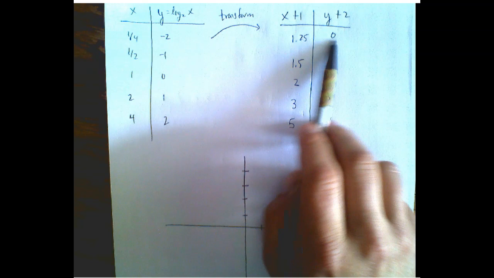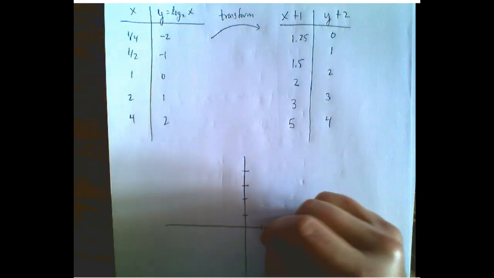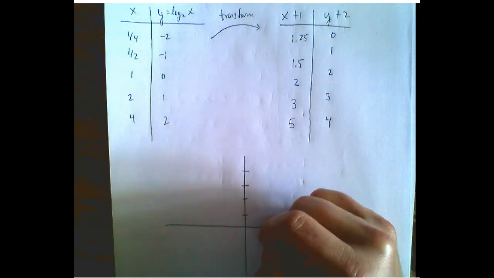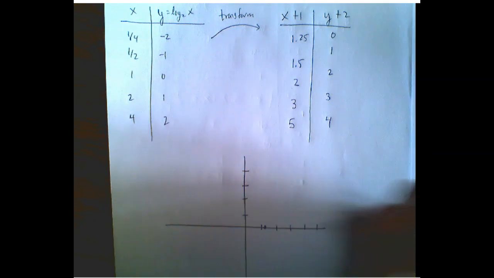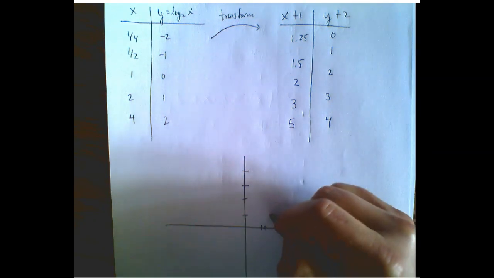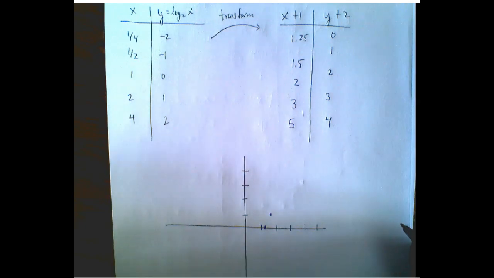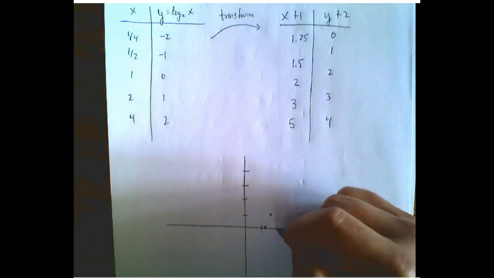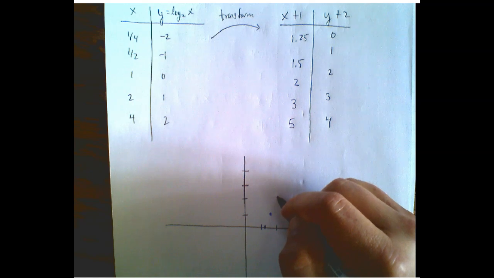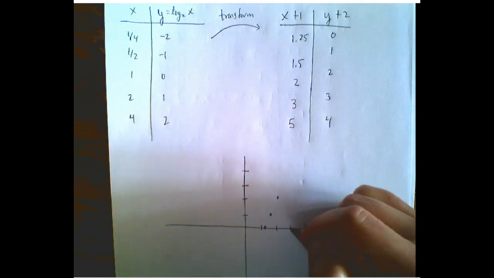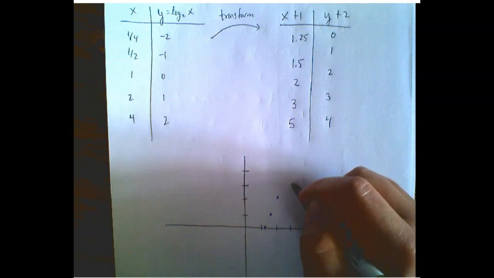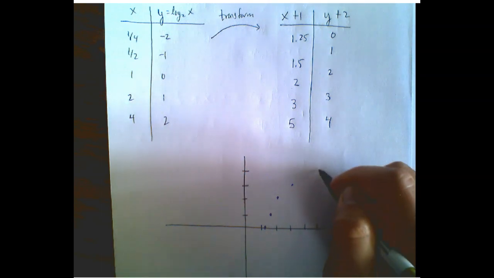All right, so let's graph this one. 1.25 comma 0 will be about there. 1.5, 1. 2, 2. 3, 3. And 5, 4.